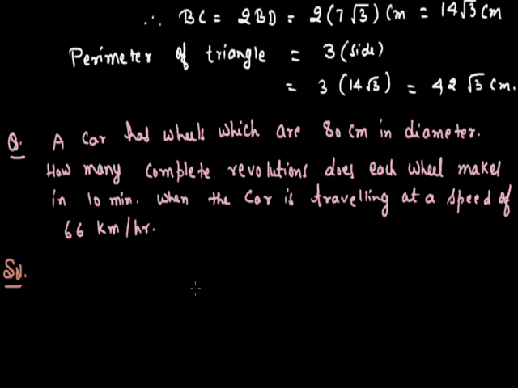Now solution. The car has wheels which are 80 cm in diameter. So the diameter of the wheel is 80 cm. Therefore radius will be equal to 40 cm.